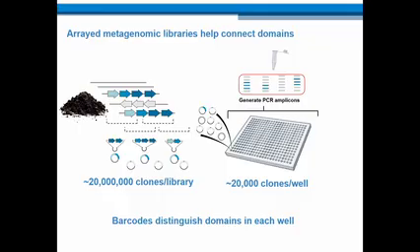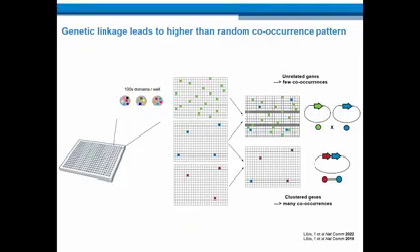And then we sequence for these marker genes in each well. And what you realize is there's more information. As soon as you array a library, there's a bunch of information you can pull from it. If two genes were part of the same gene cluster out in the environment, they appear at a very high frequency in the same wells in the library because they just happen to get captured together.